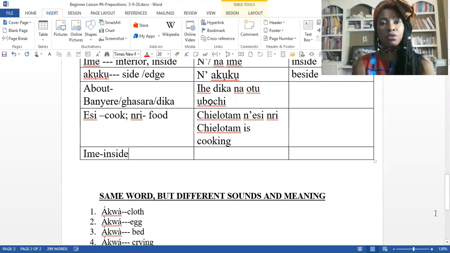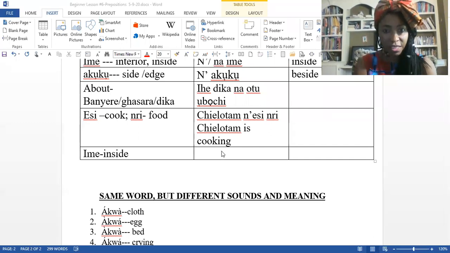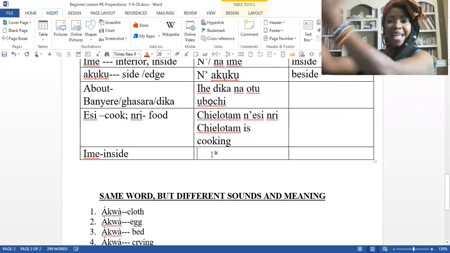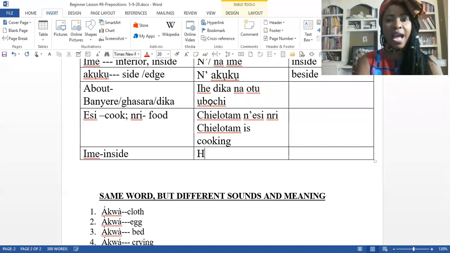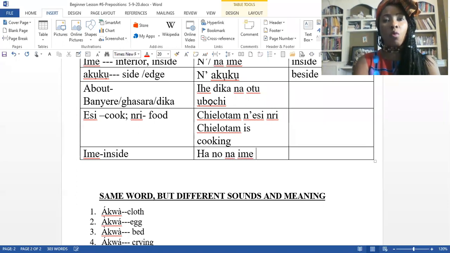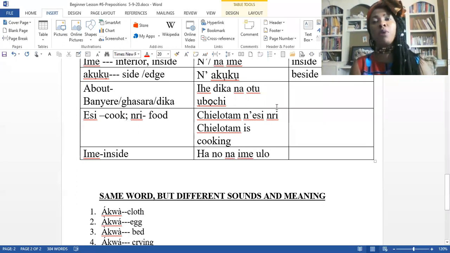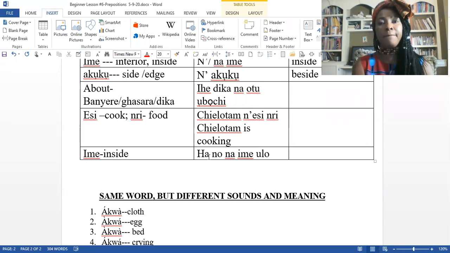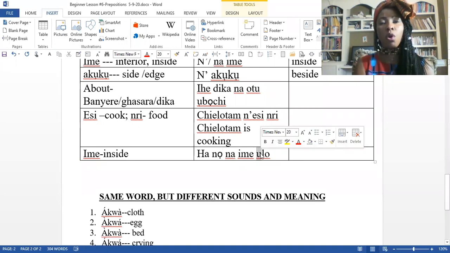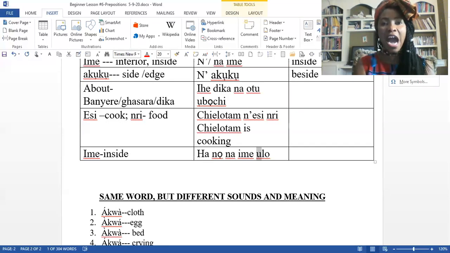Okay, so to make a sentence, join it with noun, preposition. Ha means there. Ha nọ na ime ụlọ. We need to punctuate them. We're supposed to have a dot under the o. Ha nọ na ime ụlọ. They are inside the house.